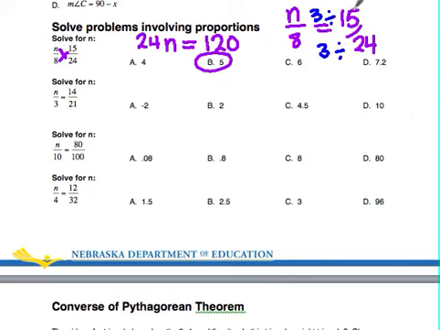Let's go ahead and look at the second one. N over 3 equals 14 over 21.